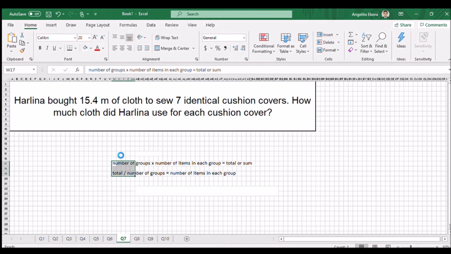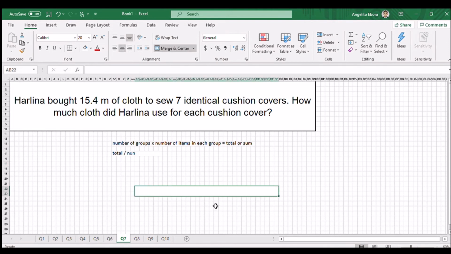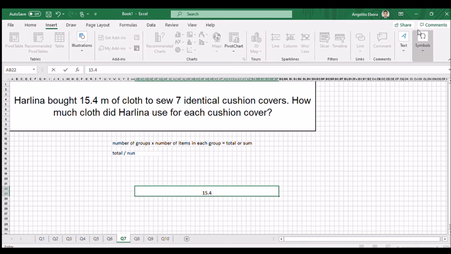I just need to move this up. So 15.4 divided by, hopefully I have the symbol here. Yes, we have the symbol here.